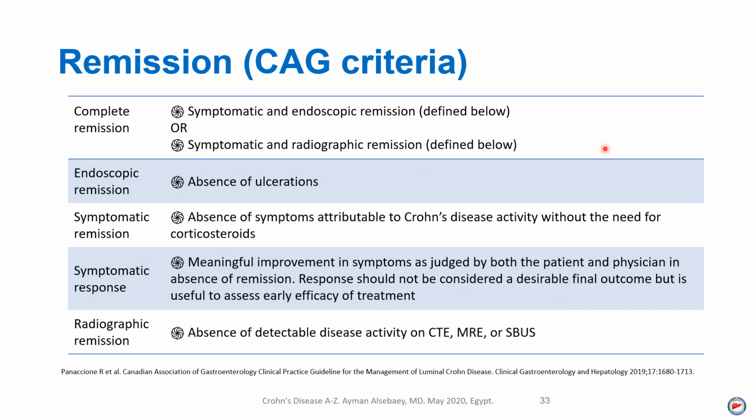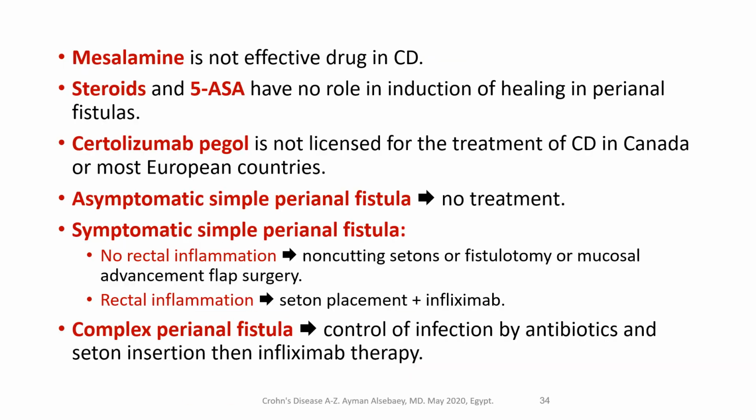If you could not achieve this, we will shift to another target, which is called symptomatic response, in which it is meaningful improvement in the symptoms as judged by both the patient and the physician in the absence of remission, and the response should not be considered as a desirable final outcome, but it is useful to assess early efficacy of the treatment.